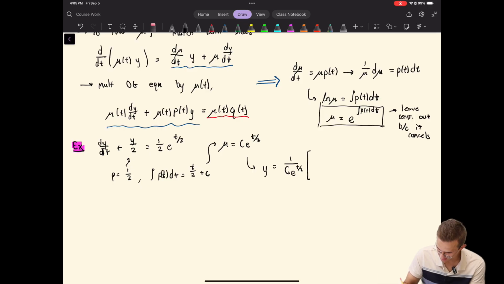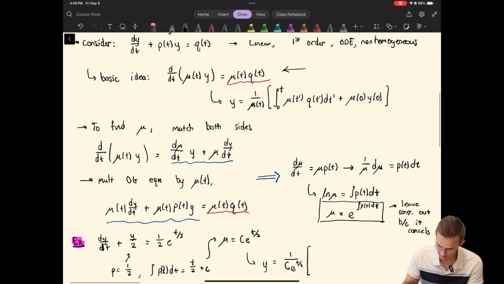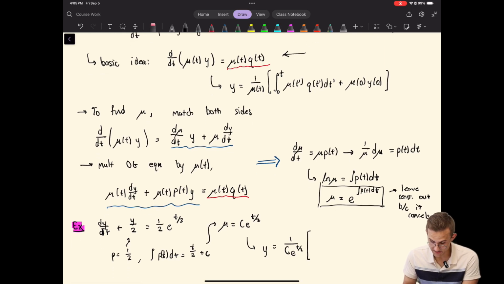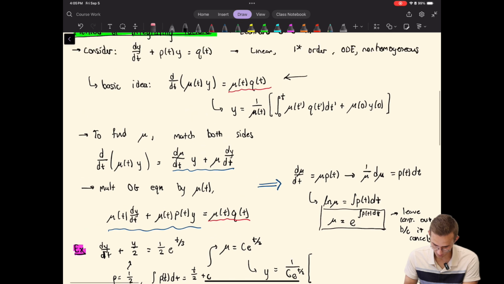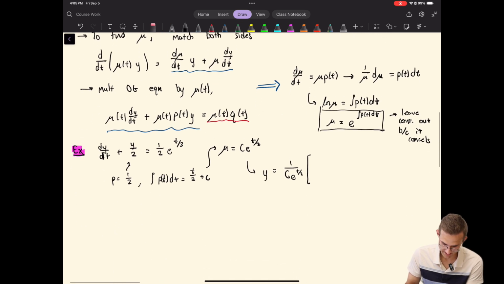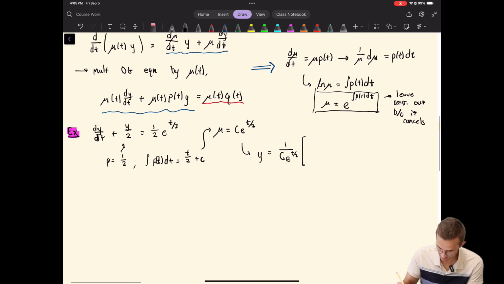the integral of mu times q, which in this case is the right-hand side, the 1/2 e to the t over 3. So doing a little bit of the algebra in one step here, you guys can verify this if needed, we have 5t prime over 6 dt prime.